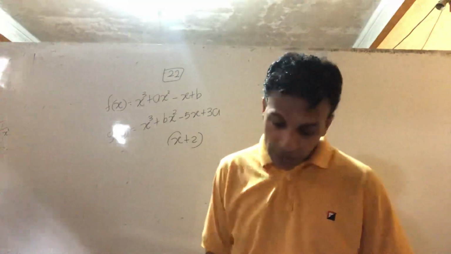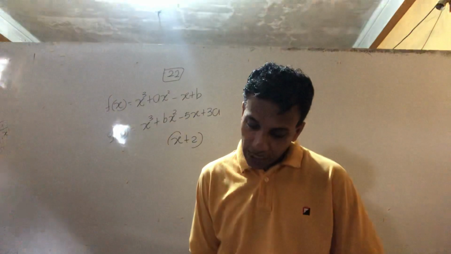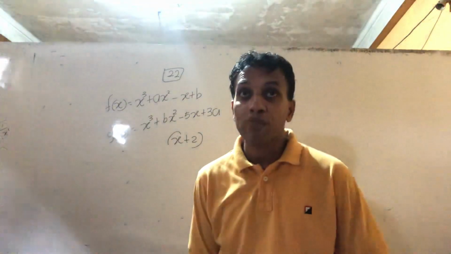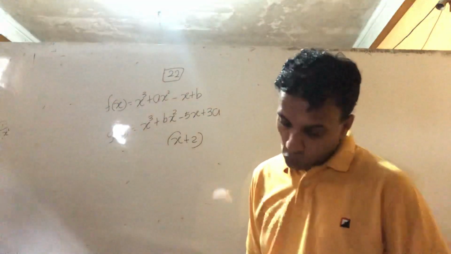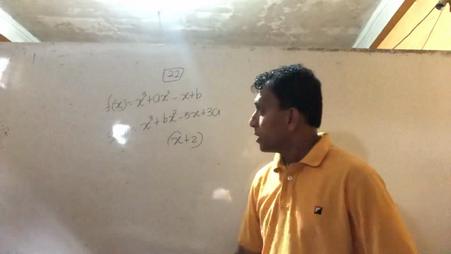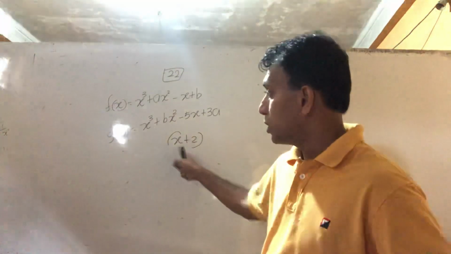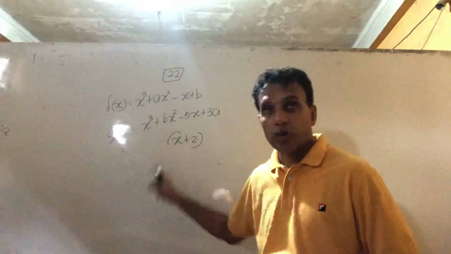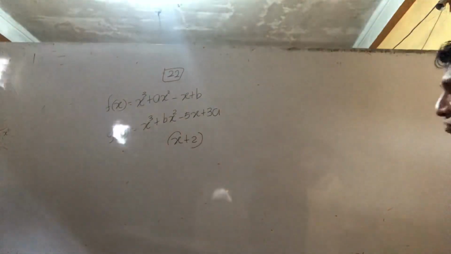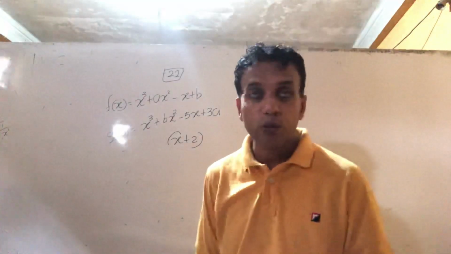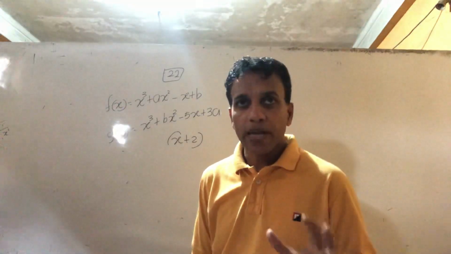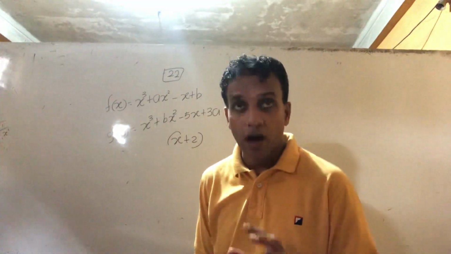They said that for these two polynomials, x plus 2 is a common factor. That means f(x) has x plus 2 as a factor, and g(x) the same, x plus 2 is a factor. Then very first, find the a and b values. So first you complete a and b, then come to the other part, right?